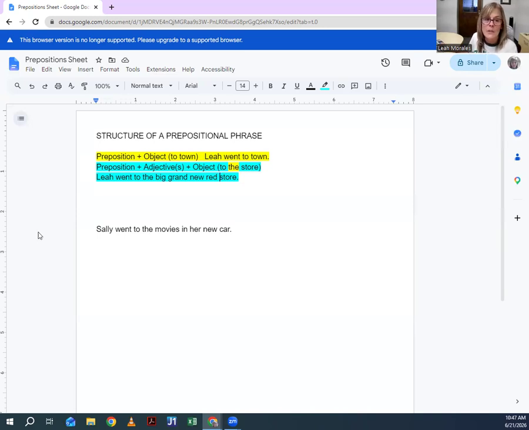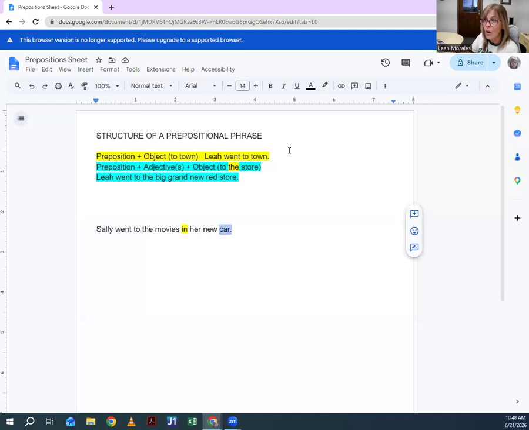So now we're going to look at some of this with a sample sentence. We see this sentence, Sally went to the movies in her new car. First, we locate a preposition. So we have in right here. Went to the movies in. In what? The answer is she went in her car. She didn't go in her. She didn't go in new.